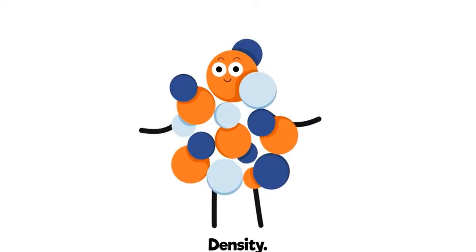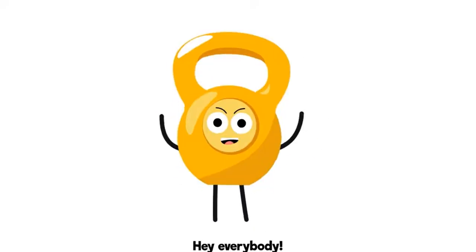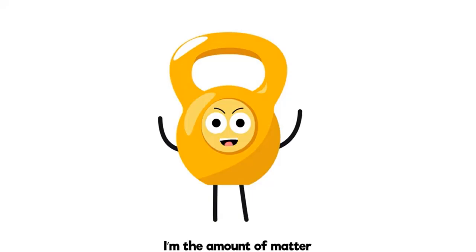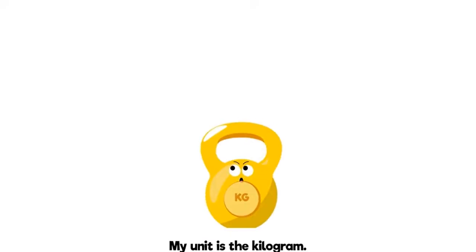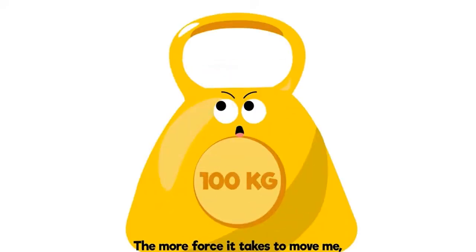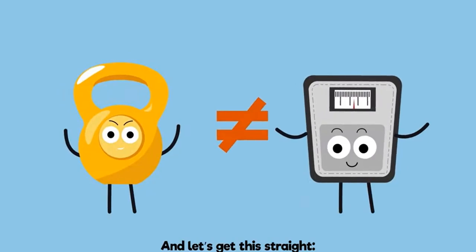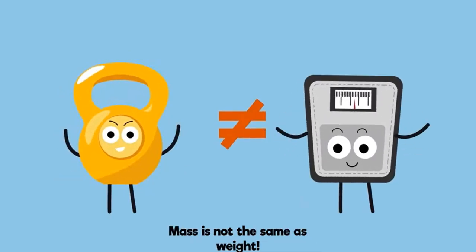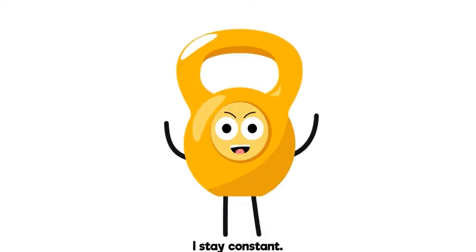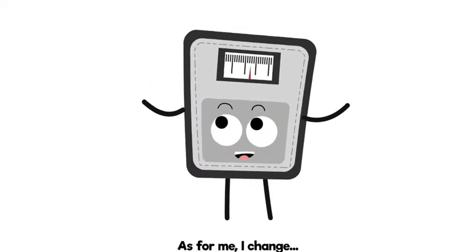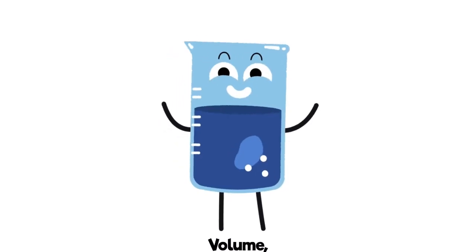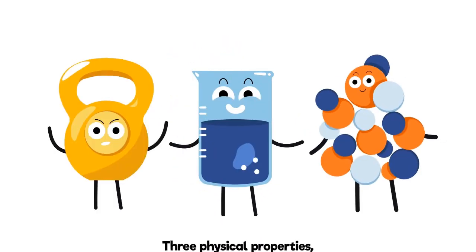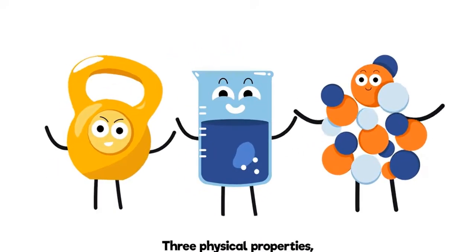Hey everybody, my name's Mass. I'm the amount of matter in a solid or a liquid or a gas. My unit is the kilogram. The more force it takes to move me, the more massive I am. And let's get this straight, mass is not the same as weight. I stay constant. As for me, I change depending on gravity.